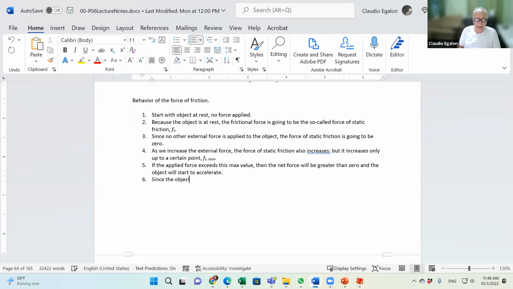Since the object is now moving, the force of static friction becomes the force of kinetic friction, which is usually less than the maximum value of the force of static friction.